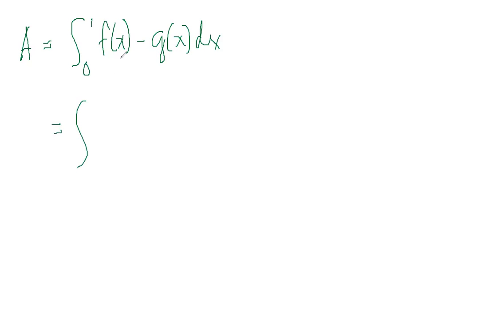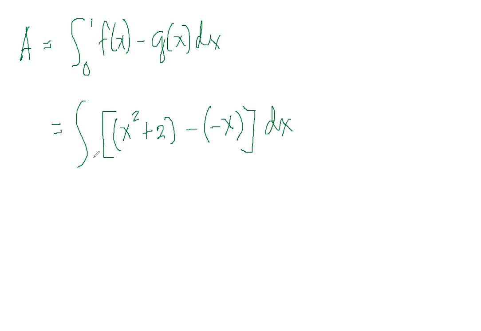And let's substitute the values of f of x and g of x. We know that f of x is the quadratic equation x squared plus 2, minus g of x, which is negative x, the line that is falling from left to right, with respect to x from 0 to 1.